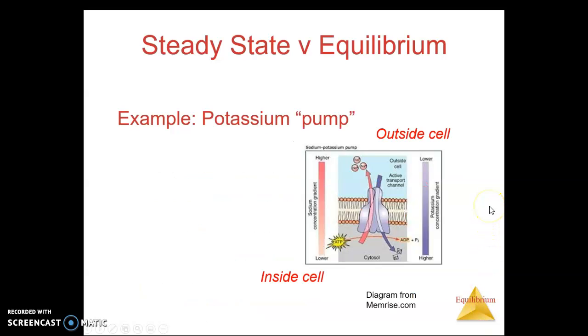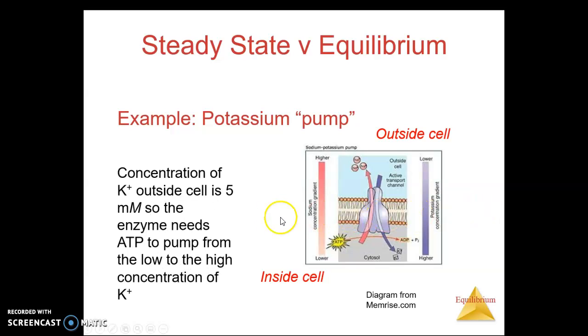Here is a diagram of that in the cell. Concentration of the potassium outside the cell is 5 millimolar. So the enzyme needs ATP to work this pumping of the potassium from the lower concentration to the higher concentration, which is the opposite of osmosis.